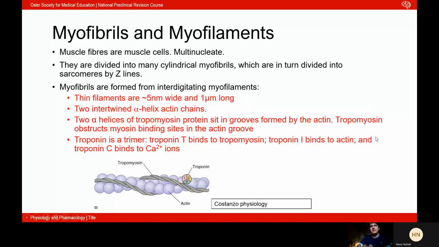And the key role of the tropomyosin molecules is that it obstructs the myosin binding site, which is located inside the groove between the two strands of actin. And troponin is a trimer. It's got three constituent parts: the troponin T that binds to tropomyosin, troponin I that binds to the actin binding site, and troponin C that binds to calcium ions. So it enables this calcium sensitivity of muscle contraction that we'll come to in a minute.